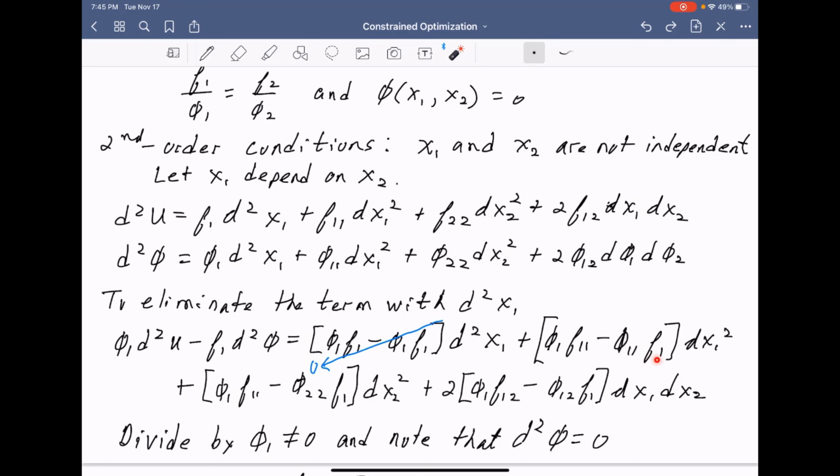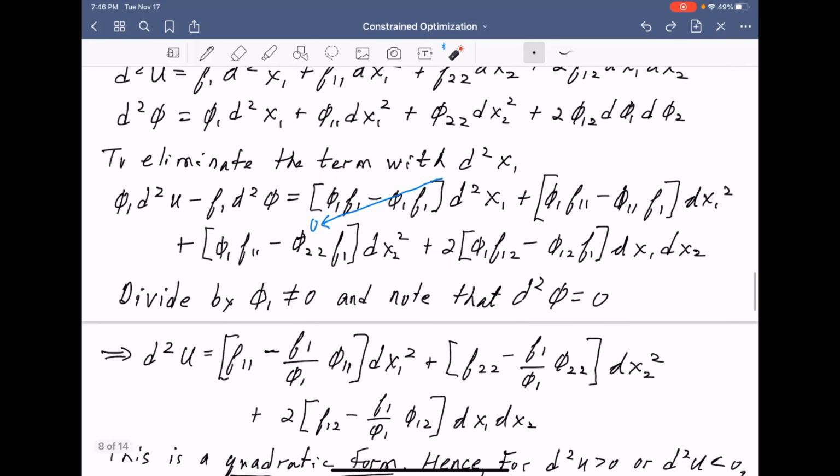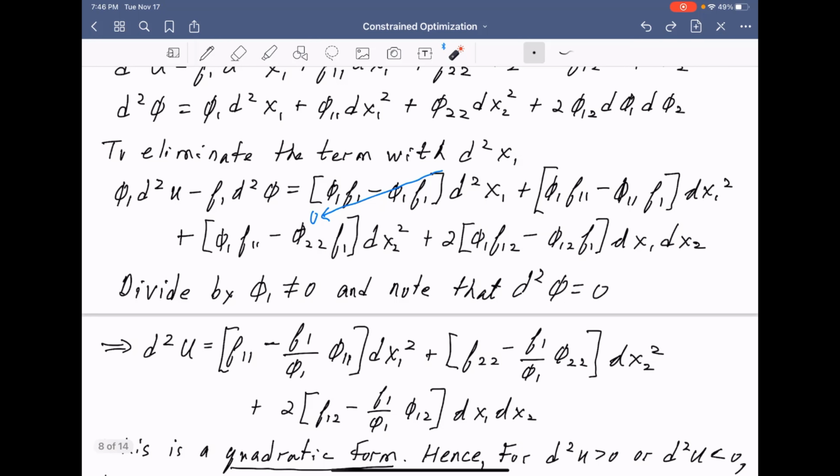And then the remaining terms are given in these square brackets. All right. And we've gotten rid of that particular term. So we're going to divide by phi 1, so the partial of phi with respect to x1, assuming that it's not 0. And we note that d squared phi is equal to 0.